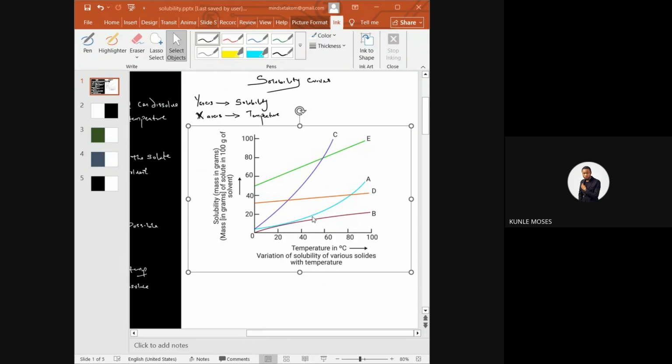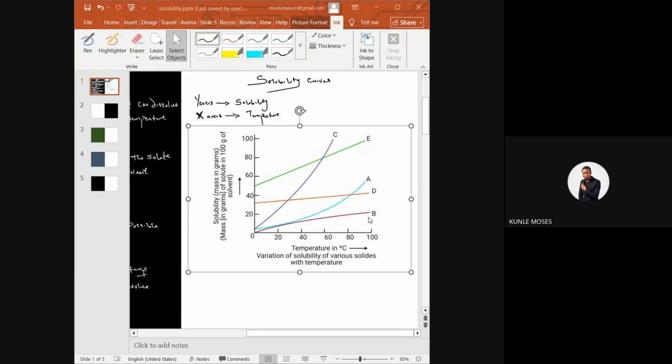Look at the B curve. That's dark red. This one here. Can you see it? Look at the temperature and the solubility. The solubility started from 0, and it increases a little bit. So it simply means temperature actually has little effect on the solubility of that salt B. Please, are we together?